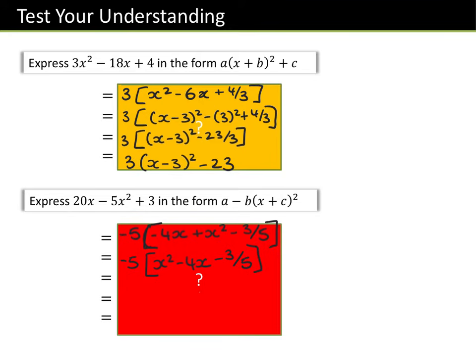Now it is in the form that I can complete the square. So I'm going to get negative 5, open bracket, x minus 2 squared, minus 2 squared, minus 3 over 5. Then I'm going to get minus 5 bracket x minus 2 squared, minus 4 minus 3 over 5, which is minus 23 over 5.